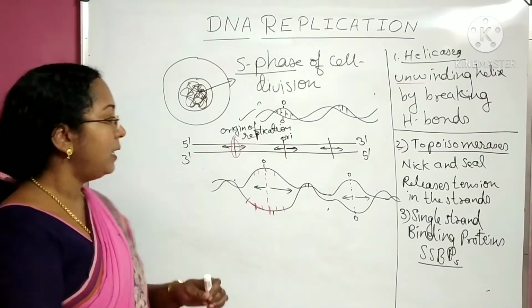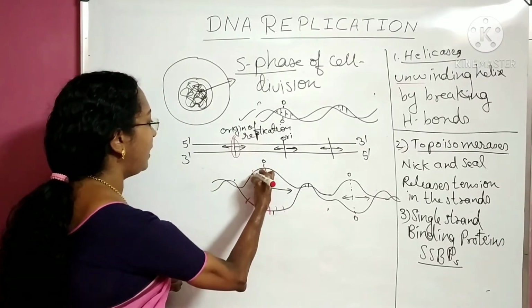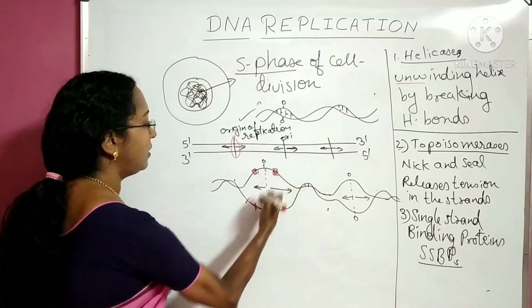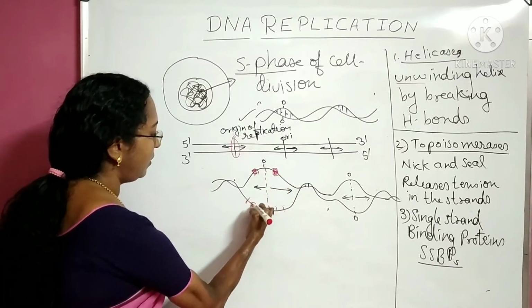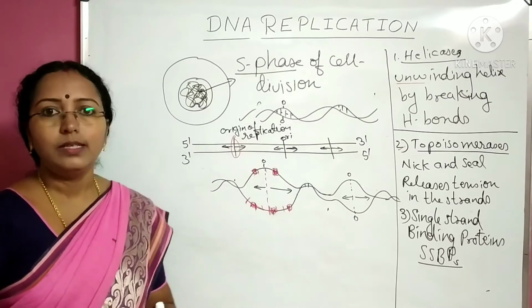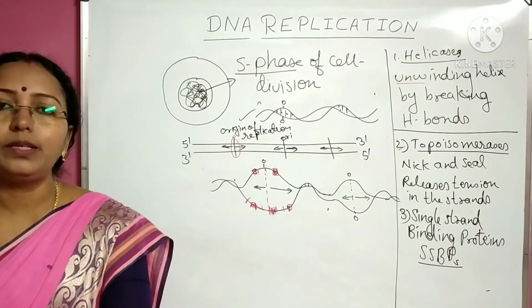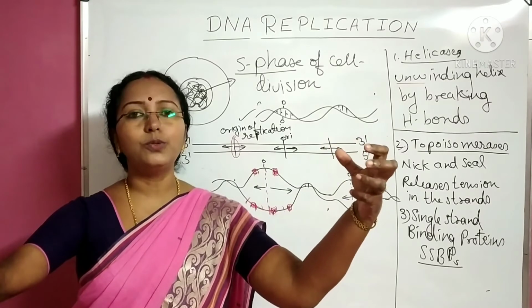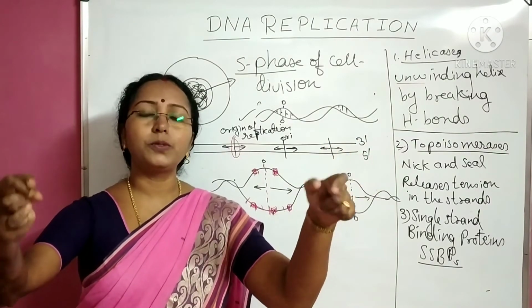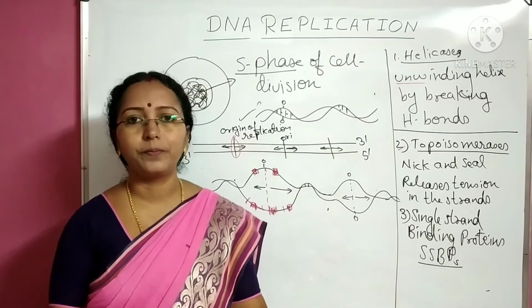They come and bind to these single strands at different areas. They act like a clip. So this is a single strand binding protein here. Here you have another one. Here another one. Likewise. So these single strand binding proteins will come and hold the two strands of the bubble. It will keep it separated until and unless the process of replication is getting over.